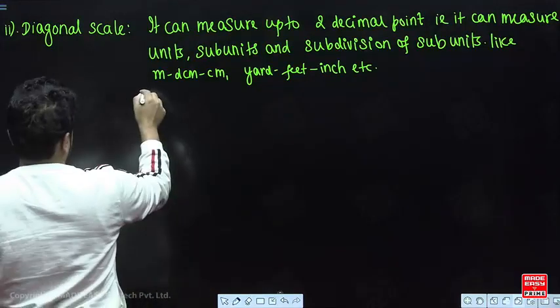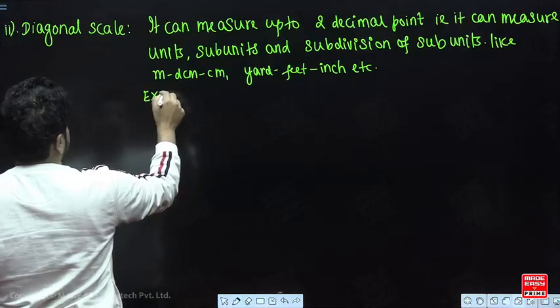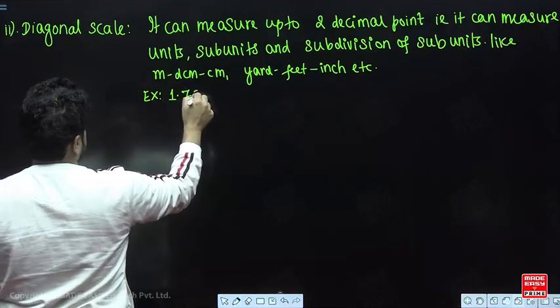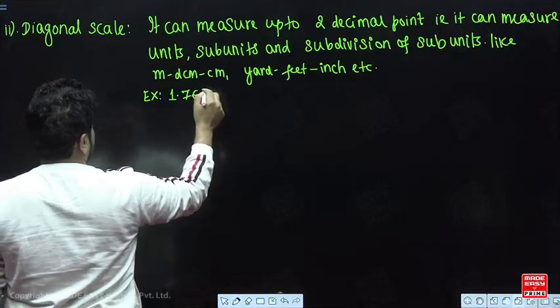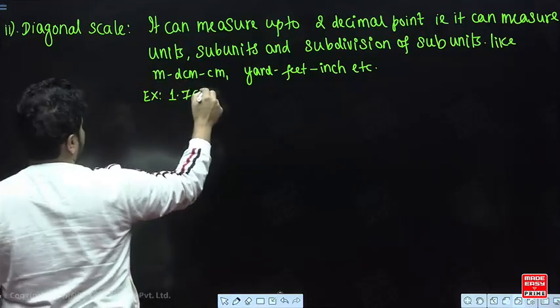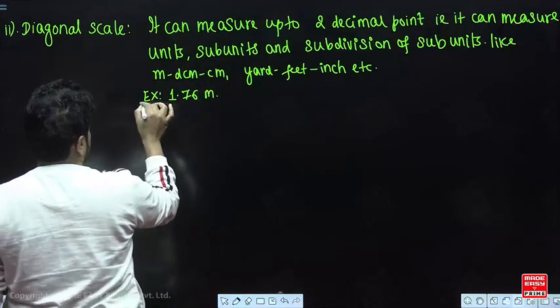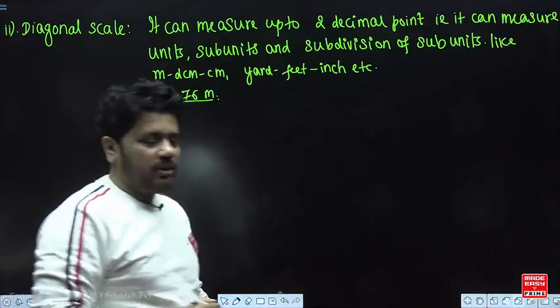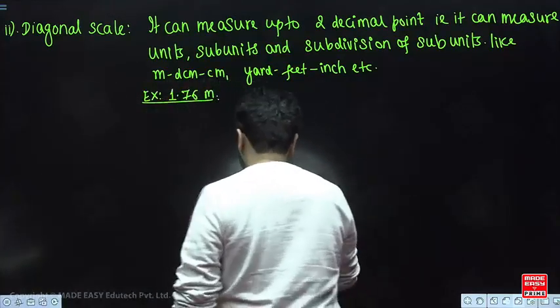For example, now let us understand how it is possible. Suppose we have to measure, let us say, 1.76 meter, correct. So let us take an example of how we are going to measure 1.76.